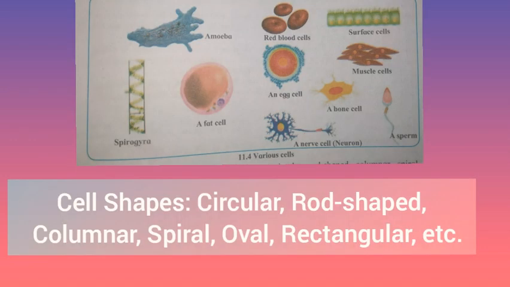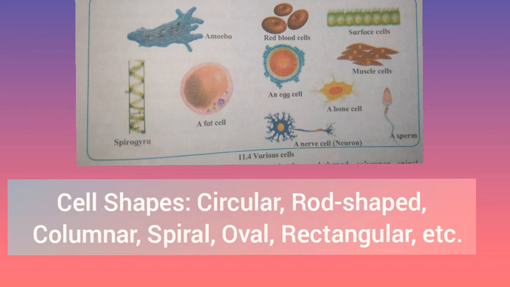So as in the picture displayed on the screen, the amoeba cell is there, Spirogyra cell is there, a fat cell, RBC, that is red blood cells, an egg cell, a nerve cell which is also called as neuron, a surface cell, a layer of surface cell is there, then muscle cells, a bone cell, and a sperm cell.